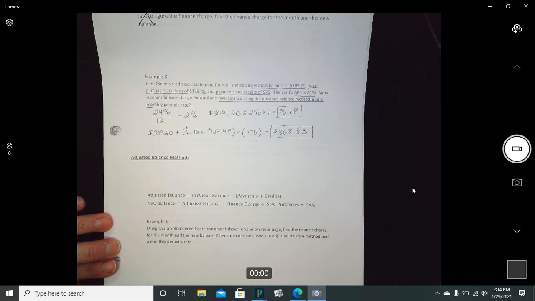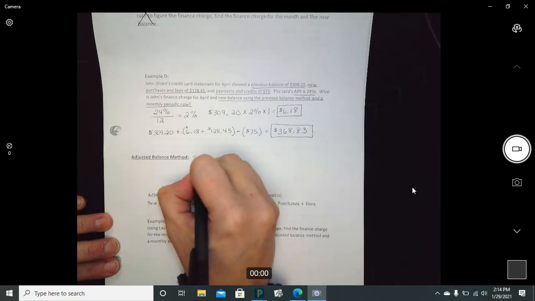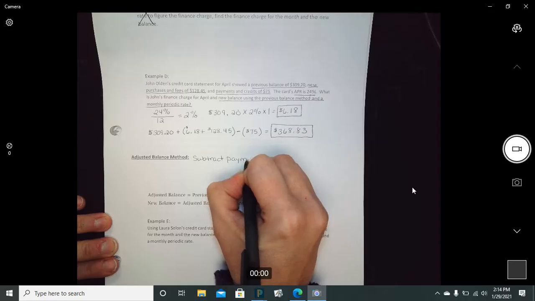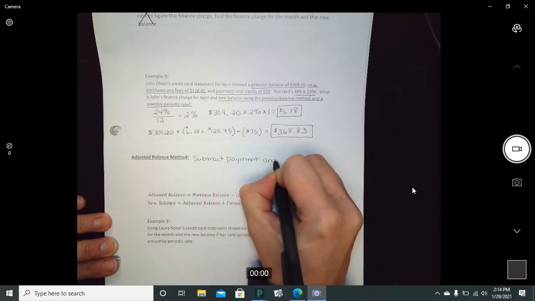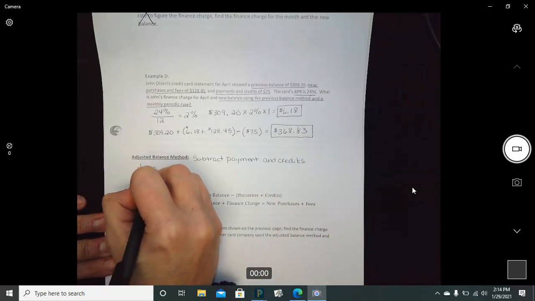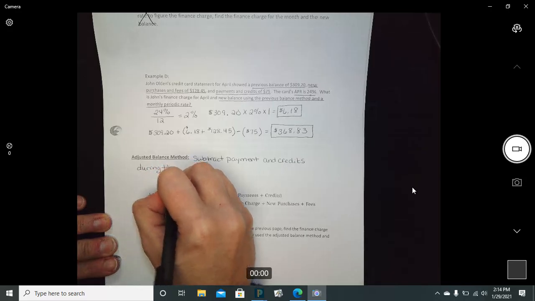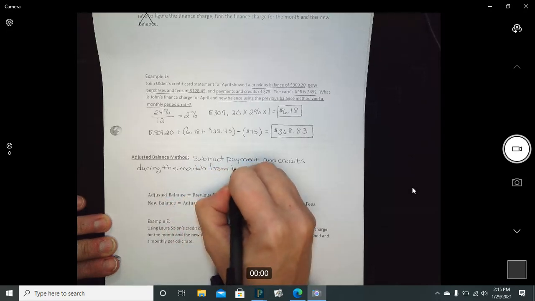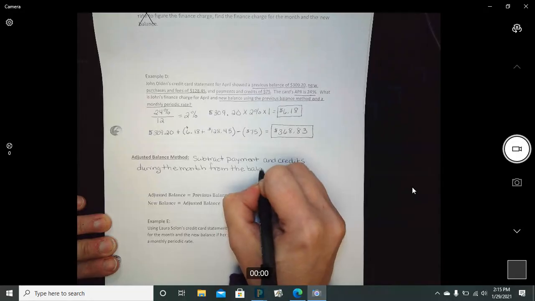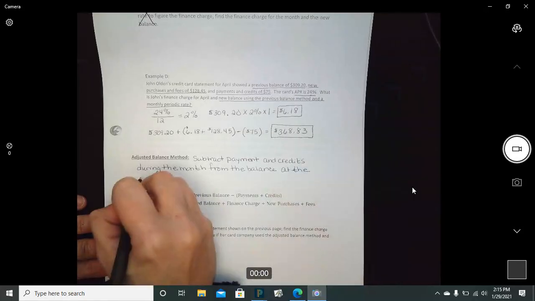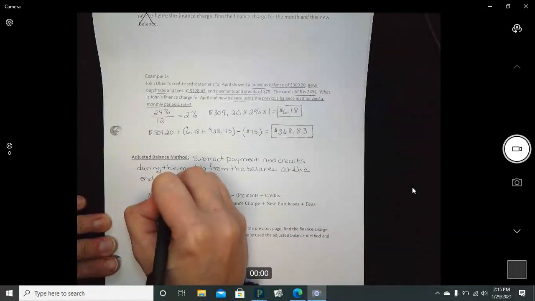Okay, so that was previous balance. This is adjusted balance. It's where you subtract payments and credits during the month, and it's subtracted from the balance at the end of the previous month.